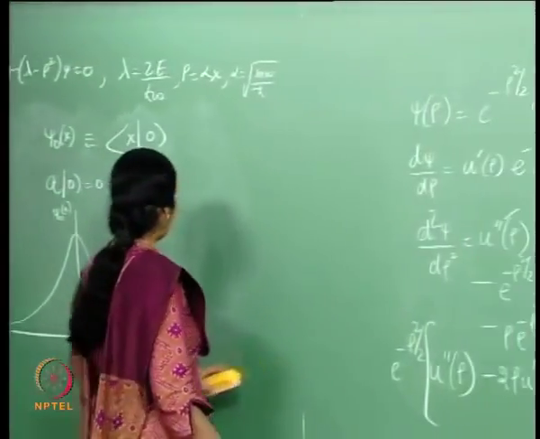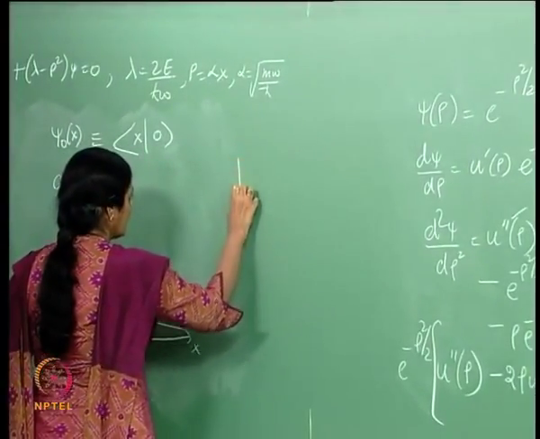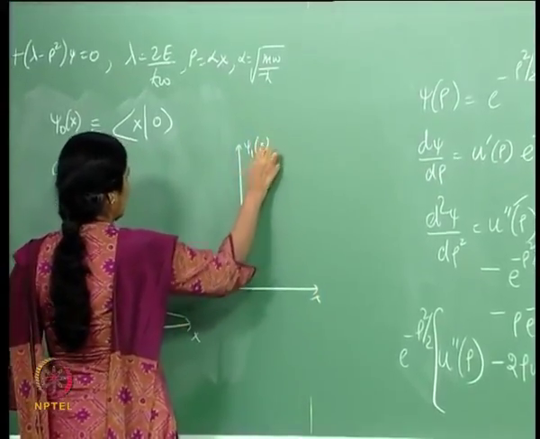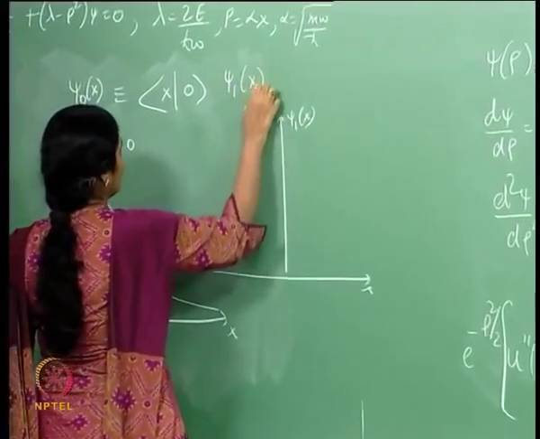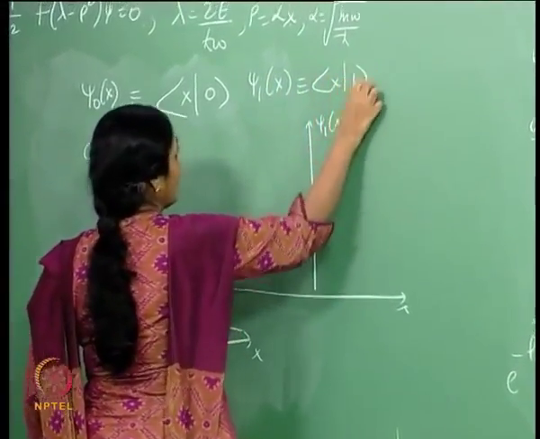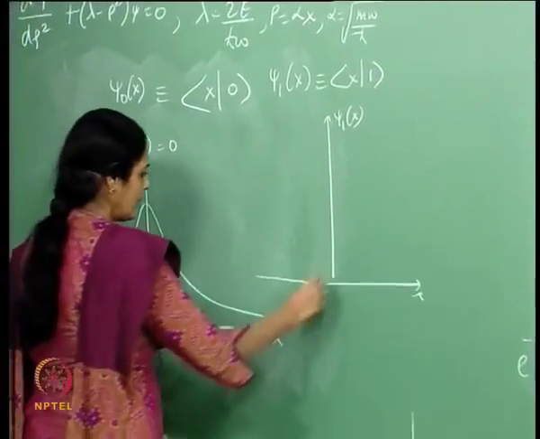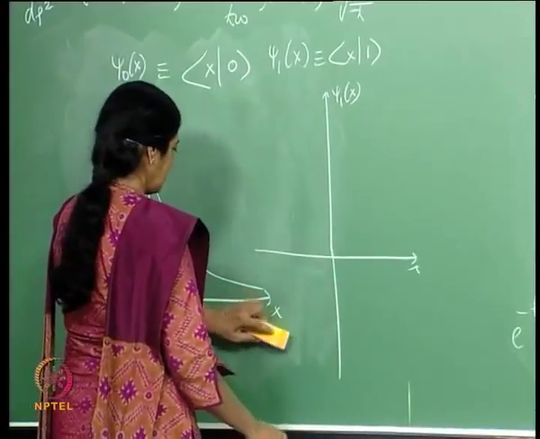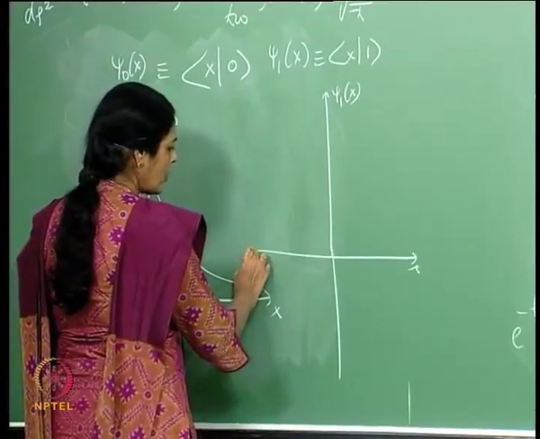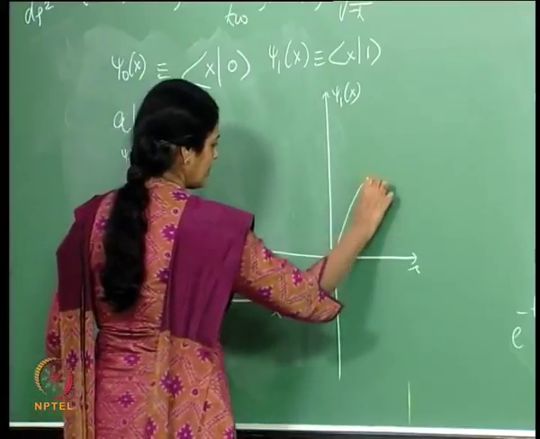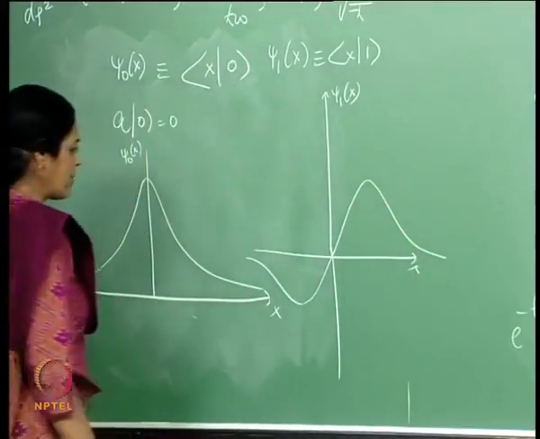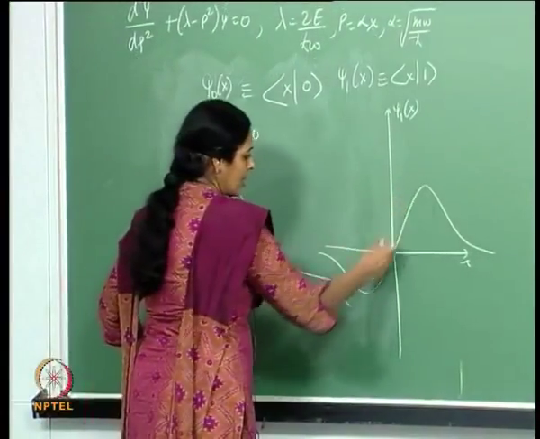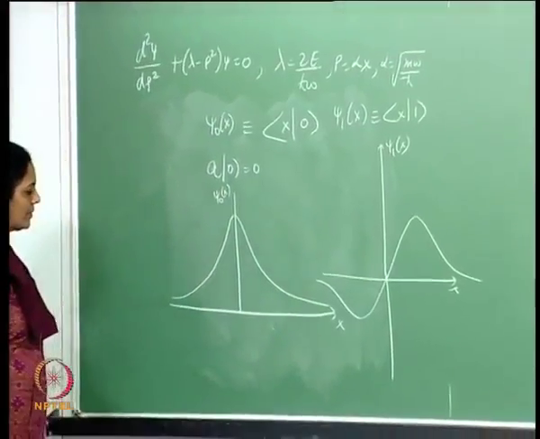Then if you look at psi 1 of x, which is x1 in my notation when n takes a value 1, it goes to 0 at plus infinity and minus infinity, but it is an antisymmetric function of x, and therefore you can see that it has odd parity.